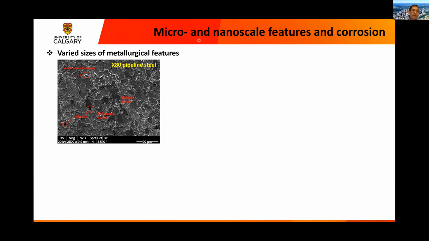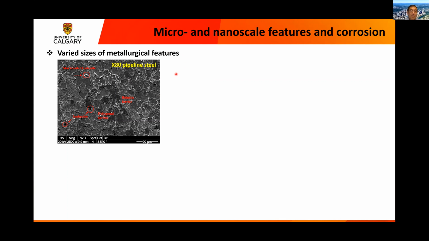When we use metal materials in industry, they have different microstructures, and when we look at the microstructure of these metals, we can always see different sizes of metallurgical features. These features can be micron scaled or nanoscaled.